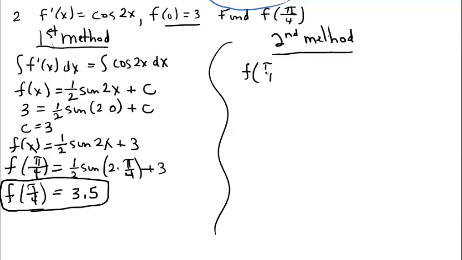Using the second method, f of pi over 4 would be equal to the function evaluated at 0 plus any change that occurs from 0 to pi over 4. Think of this as your b, your a, on the derivative f prime of x dx.